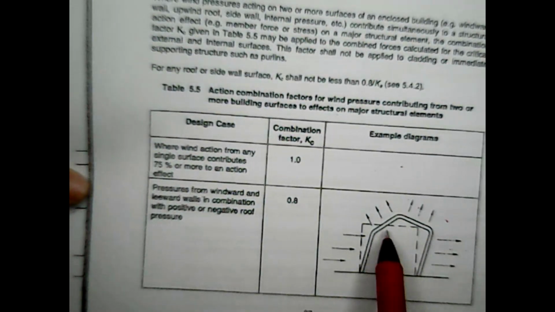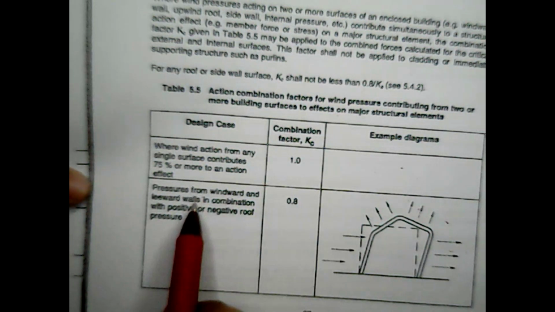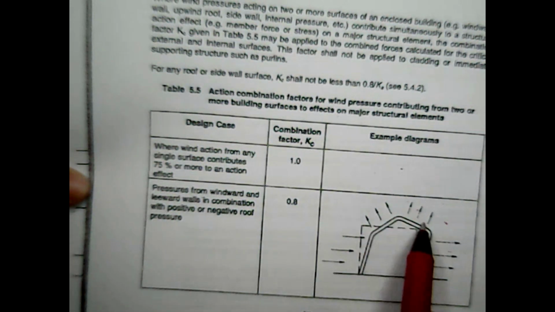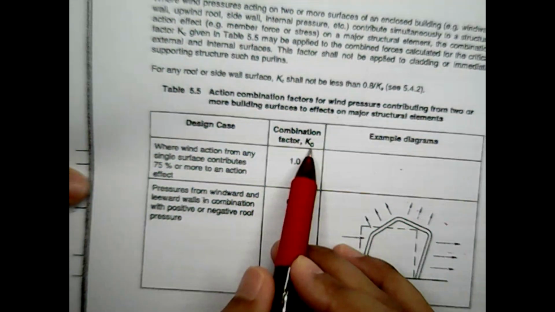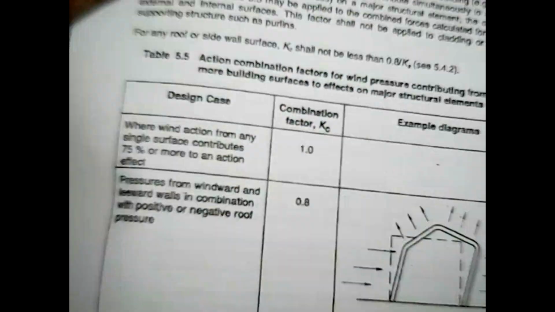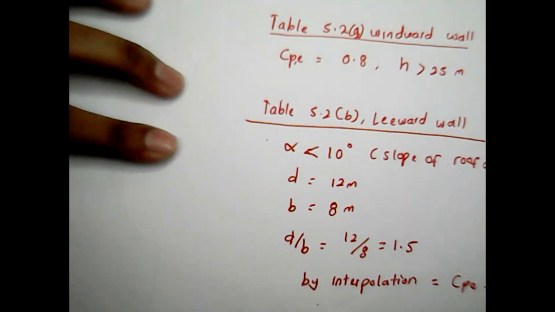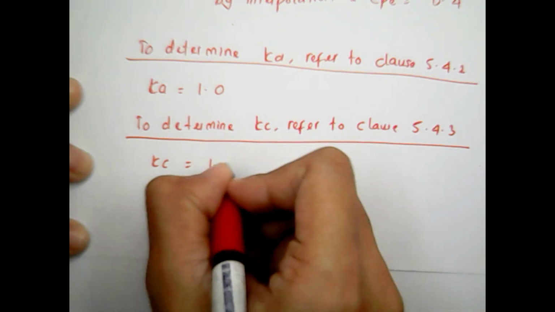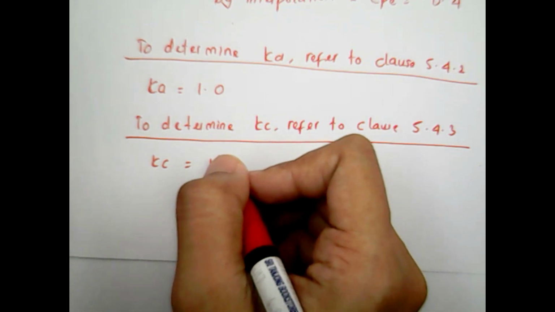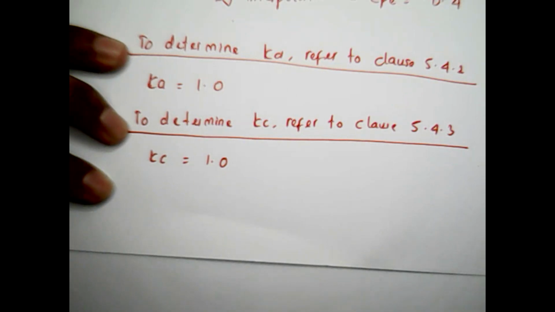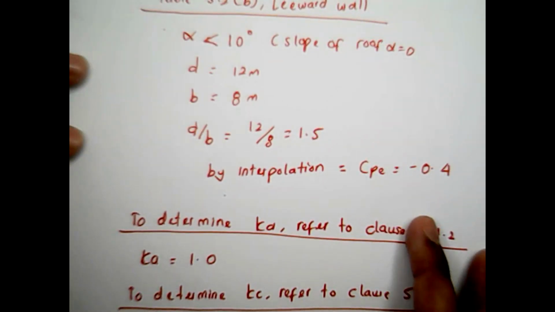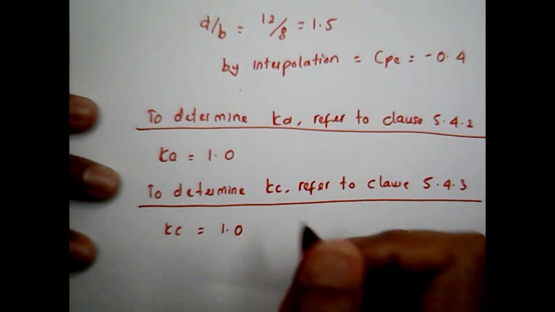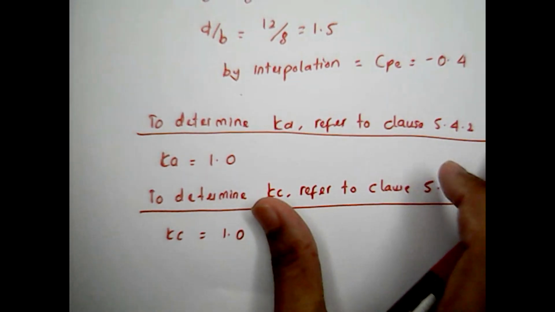But if you have the combinations of windward and leeward, also with the negative and positive pressure, you have to choose your KC value accordingly to your specific situations. So in our case, KC is taken as 1 as well. So then we now have our KC equals to 1.